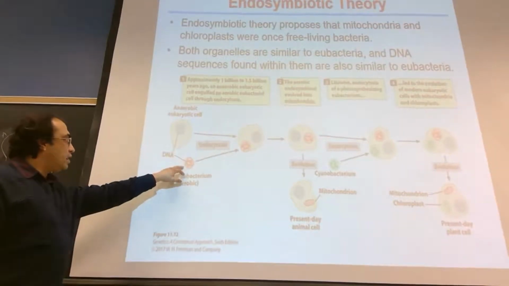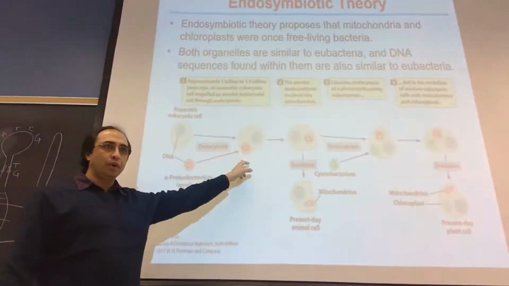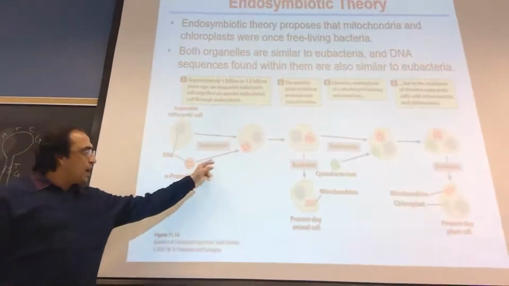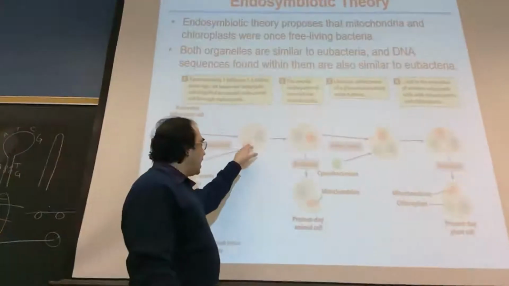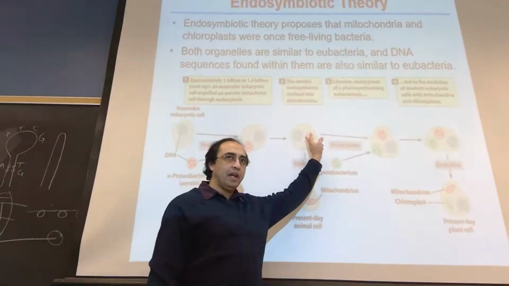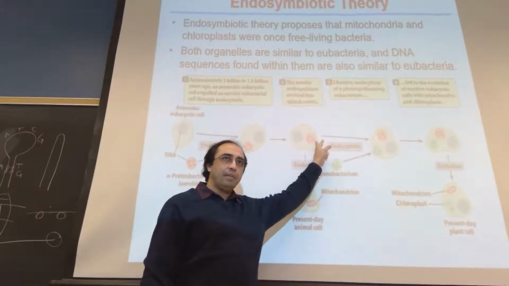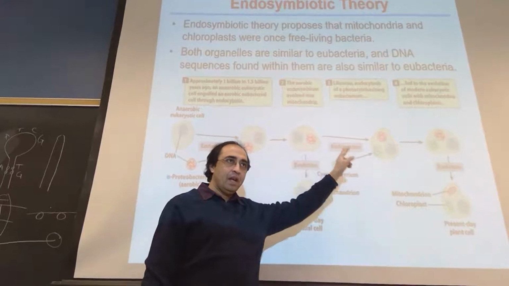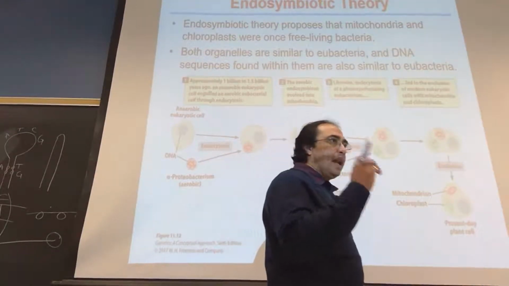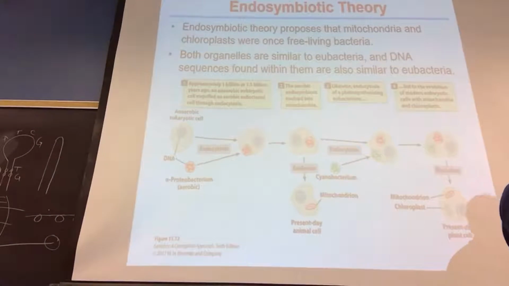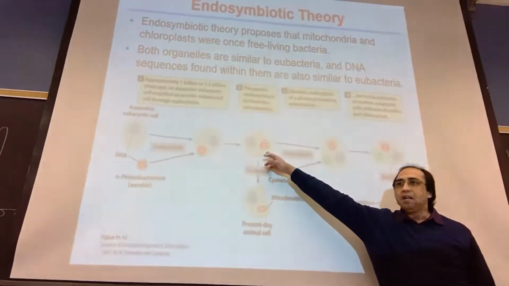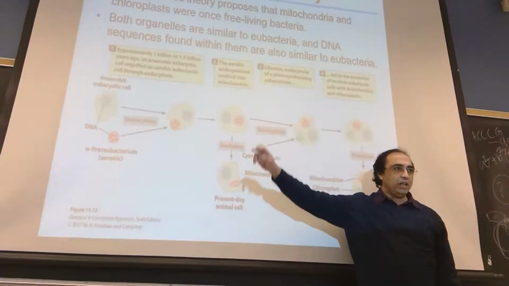One of these eukaryotic cells engulfed that protozoa. That prokaryotic cell became part of the eukaryotic cell, and that became the mitochondria. All eukaryotic cells have mitochondria, so they engulfed that prokaryote first.